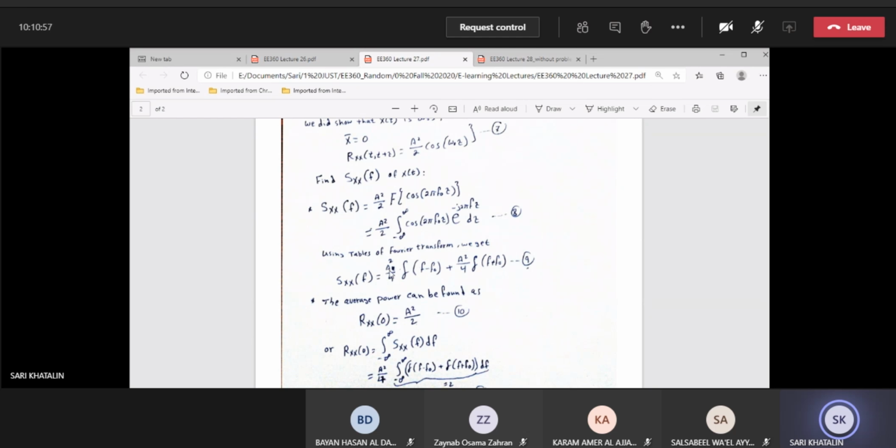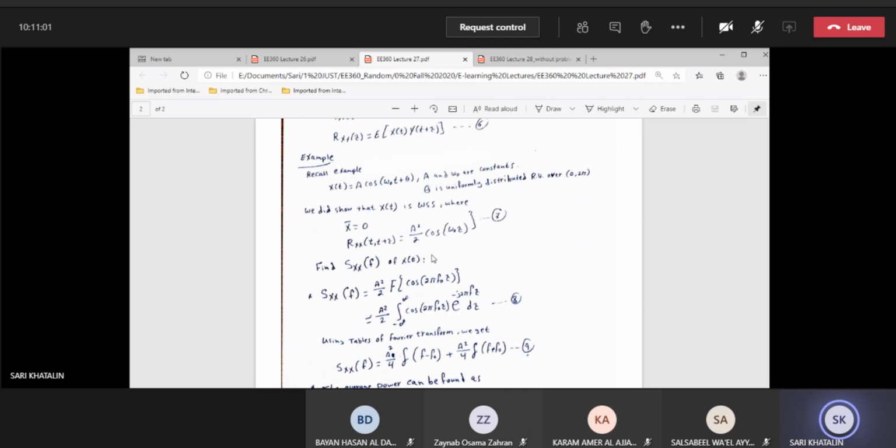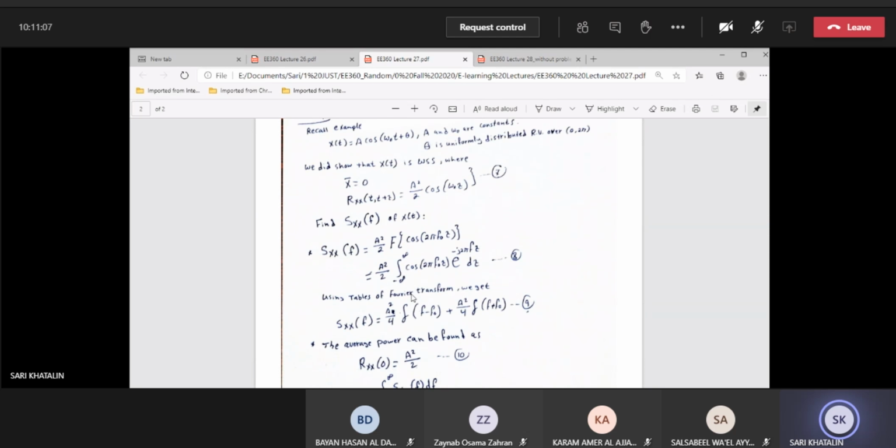Sometimes the answer here is not cosine. Maybe it's an exponential. If it's an exponential, you don't need a table of integrals; you can do it quickly. Or if it's a function like x or x squared, you can do some integration by parts.